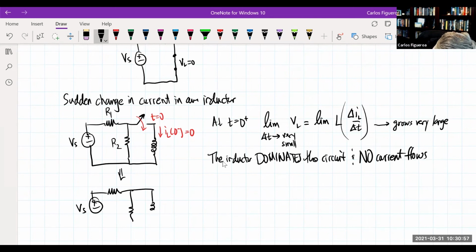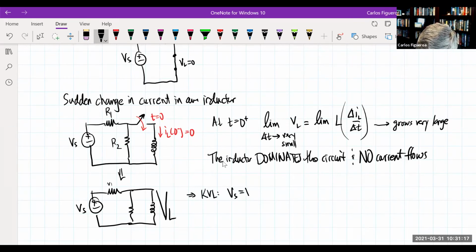I now have an inductor, and if you look at KVL, if this inductor voltage is huge, then the voltage V1 is going to be tiny. KVL tells you that V source is V1 plus V of the inductor.